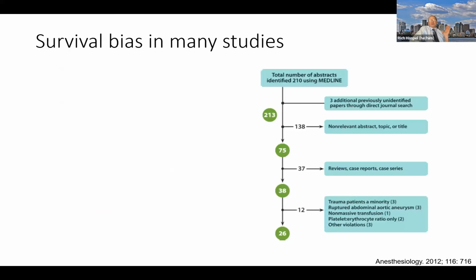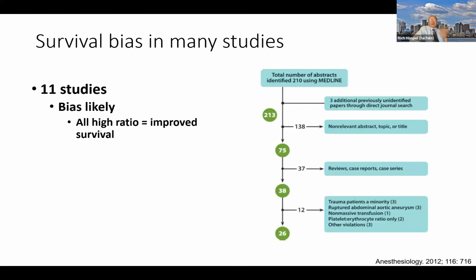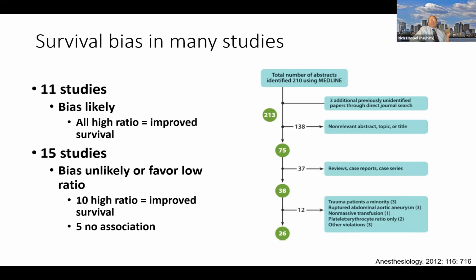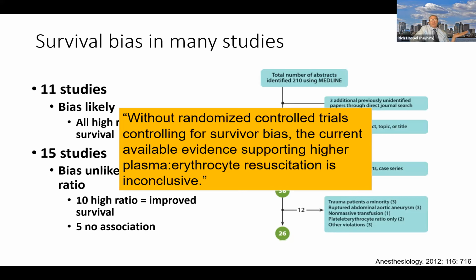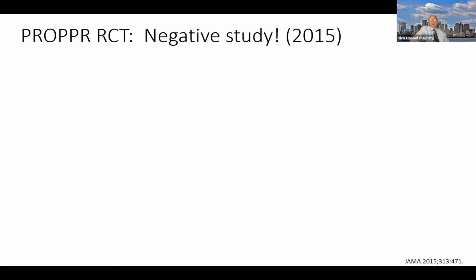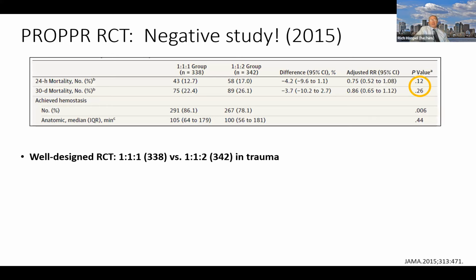And in fact, there was a whole review done at that time, which basically showed that there's a huge issue with survival bias in these studies. So of course, what we needed was a randomized trial. So then there was the PROPPR trial, which I believe is a negative study. It was well designed, again, 1-to-1 versus 1-to-2. And there was no difference in the primary outcome, mortality.